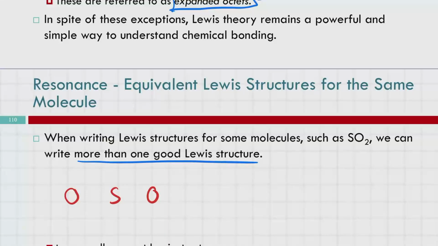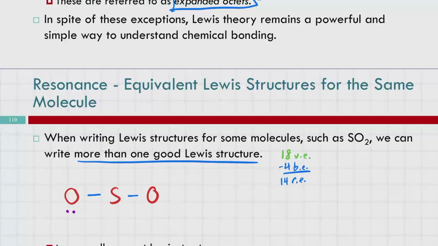We've got 18 valence electrons, because each of the oxygens has 6, and sulfur also has 6. We'd get everything connected with our 4 bonding electrons, and then that leaves us with 14 remaining electrons.